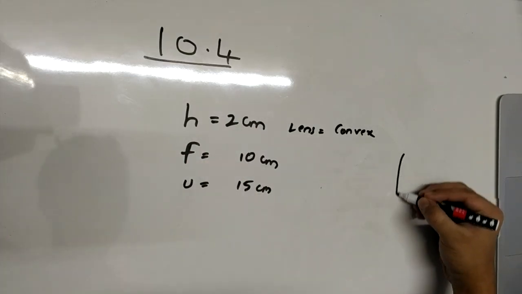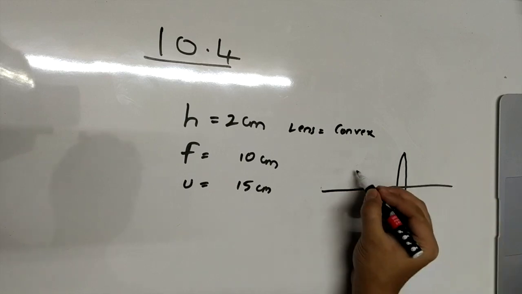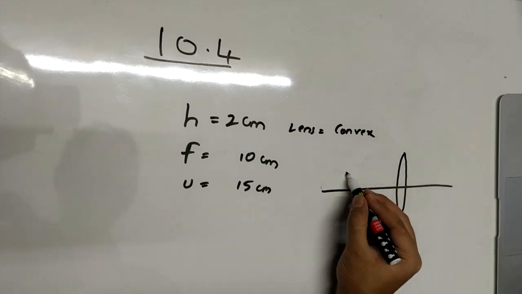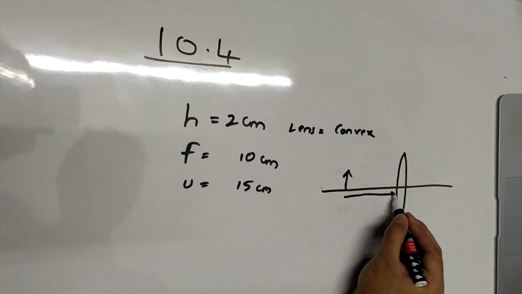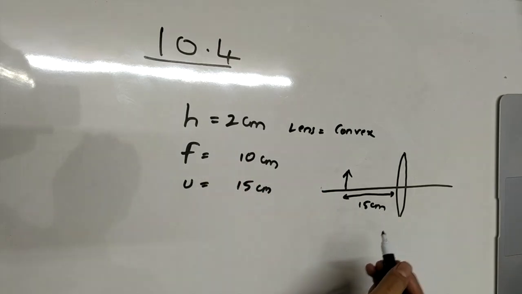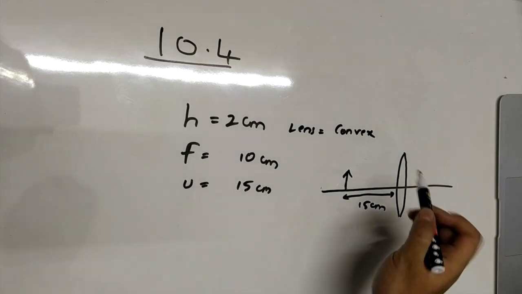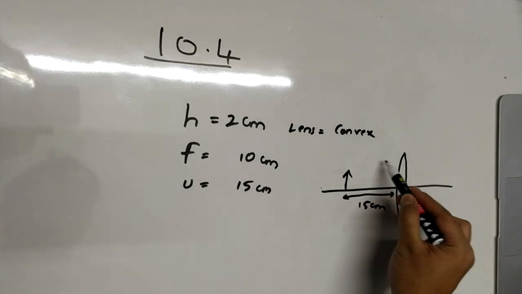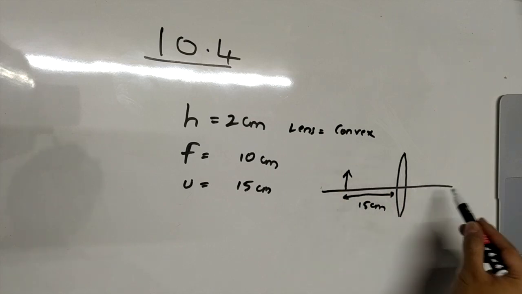First we draw the convex lens and the principal axis. Object is always towards the left. U is 15 centimeter, so this is 15 centimeter. Focal length is 10 centimeter. First of all, where is the focus for the convex lens? Focus for the convex lens is here, because the ray goes and intersects here.